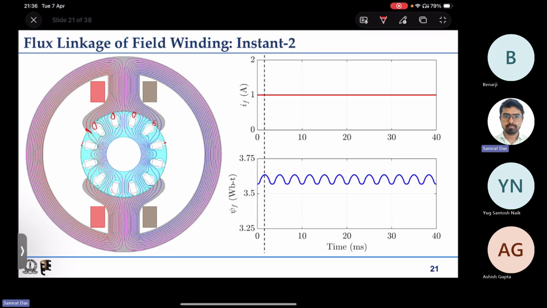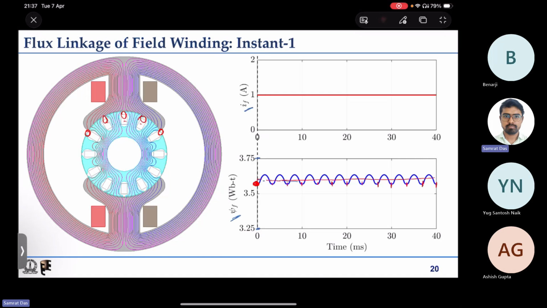In the other case there are 4 slots under the pole. For the current rotor position you have the maximum flux linkage, and for the previous one you have the minimum flux linkage. That is all the variation you have.